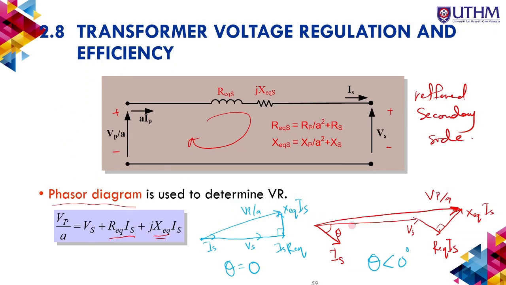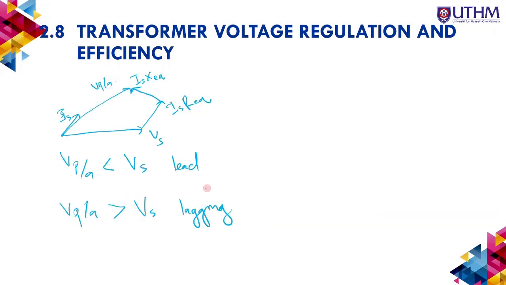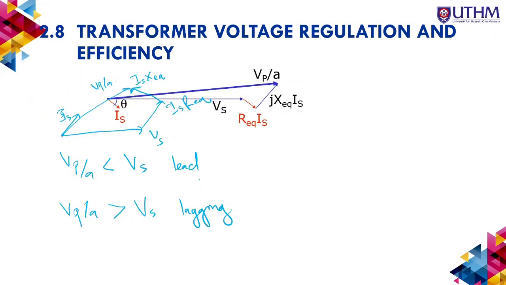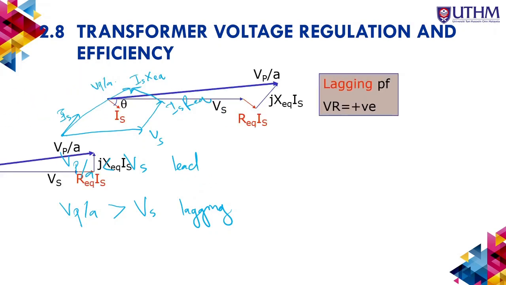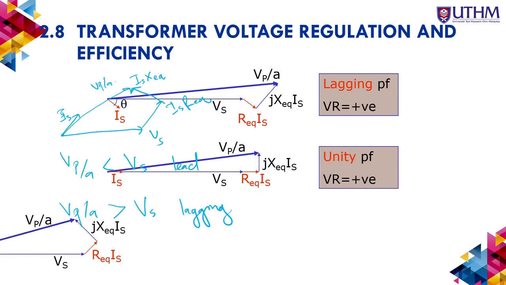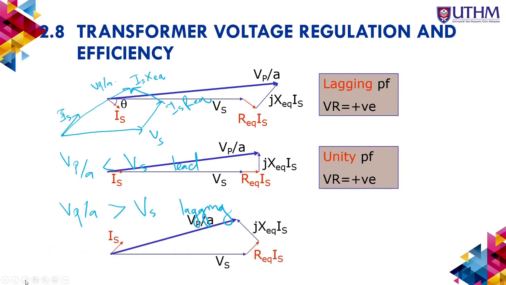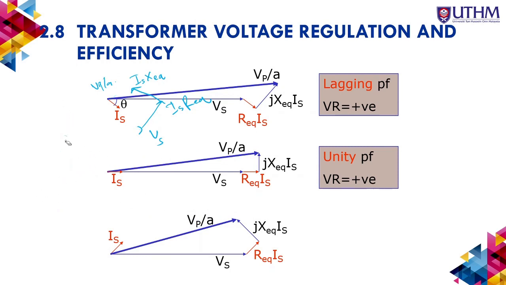Nampak ni VP over A ni lebih panjang daripada VS. Yang ni pun sama lebih panjang. So kalau ni dia akan jadi lebih pendek lah. Itu antara cara nak lukis lah. So harap boleh dapat faham lah.